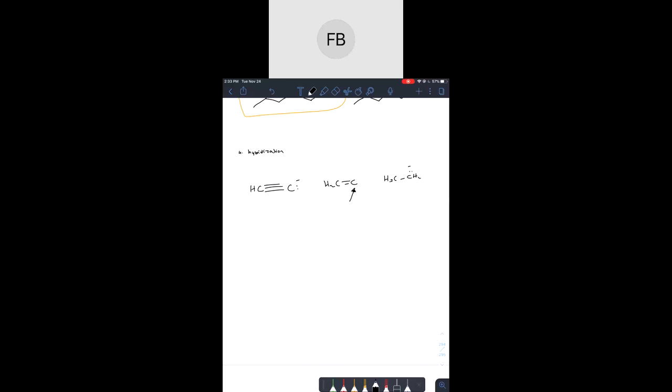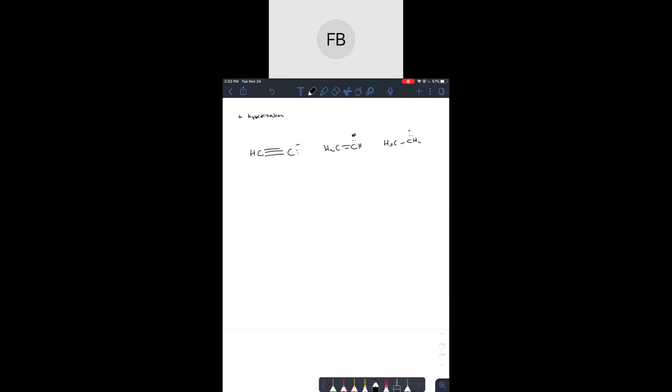There's supposed to be one hydrogen and a lone pair with a negative charge. But anyway, all we have to look at here is hybridization. The only thing that's important to know is that the most acidic is the one that has the least hybridization, or the highest potential of acids, whatever you want to call it.